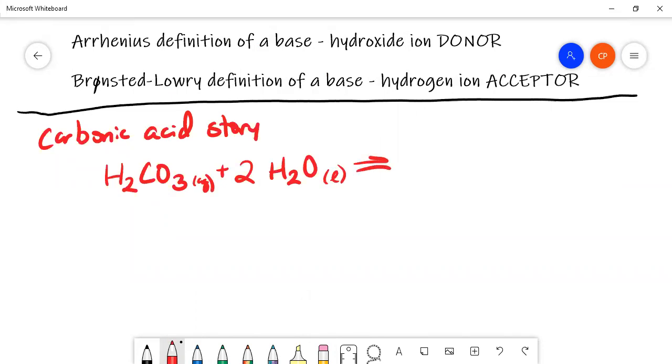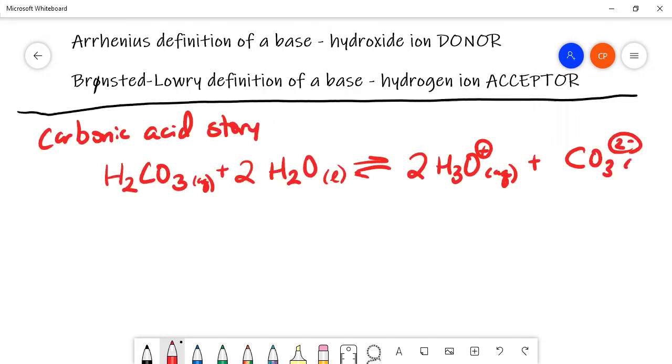And that will be responsible for the dissociation of carbonic acid into 2 H3O pluses and CO3 2 minus. What do we call the CO3 2 minus ion? It's a carbonate ion.